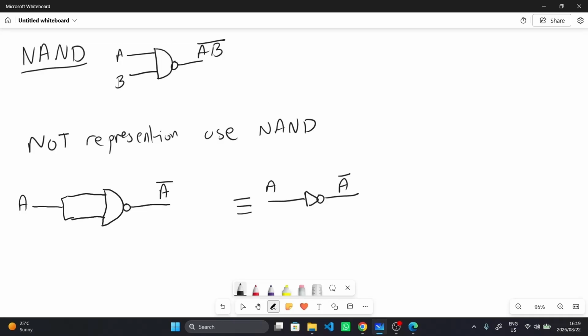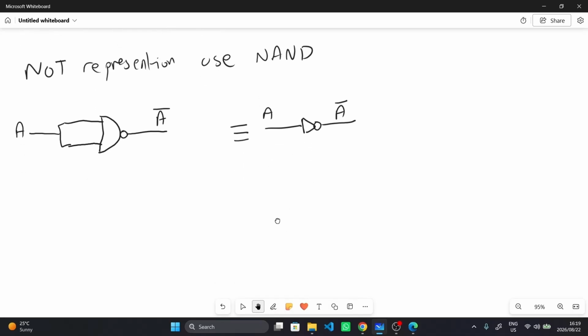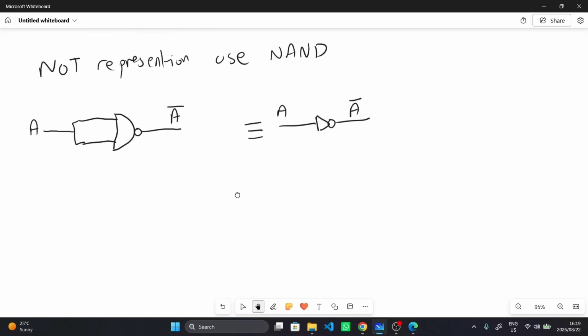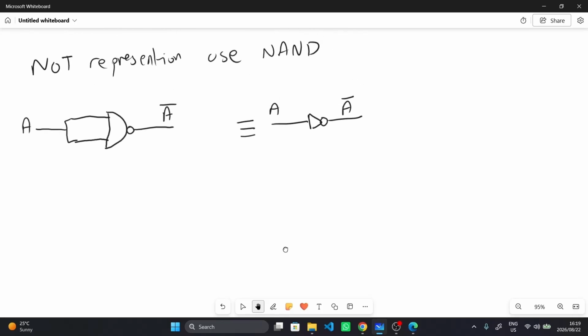Okay. Now we go to our OR gate using NAND gate.